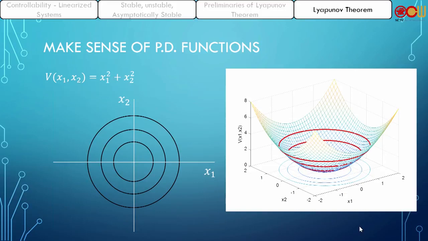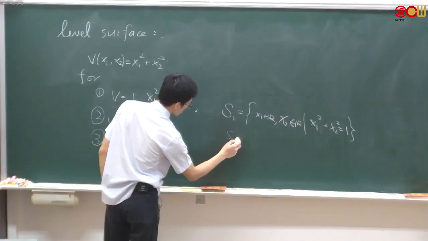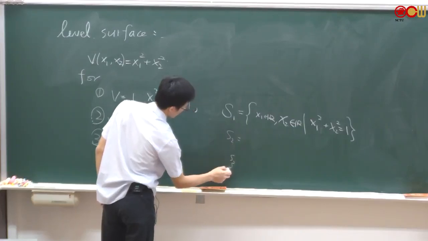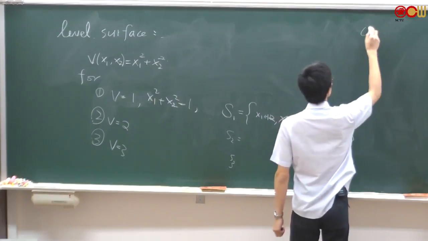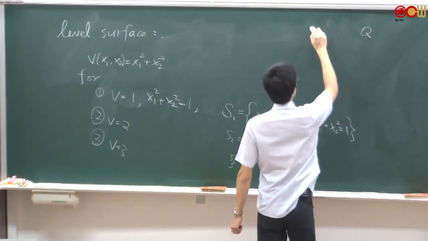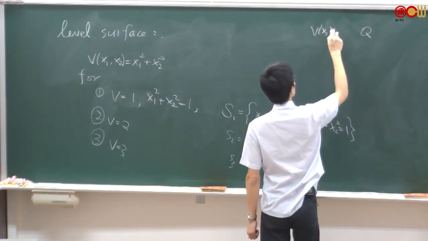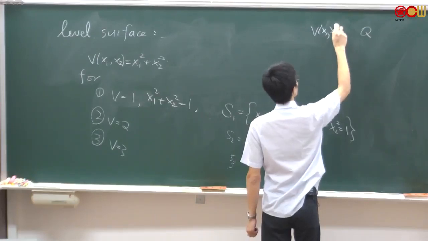Here is another level set. Now there's a question for V of x1, x2.